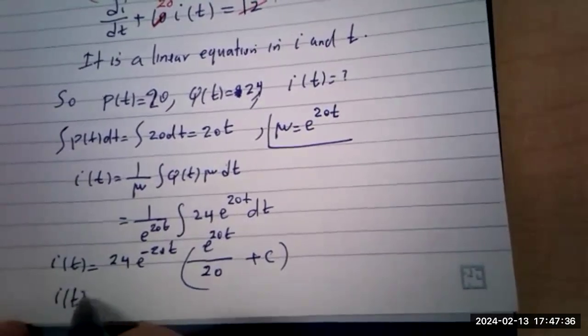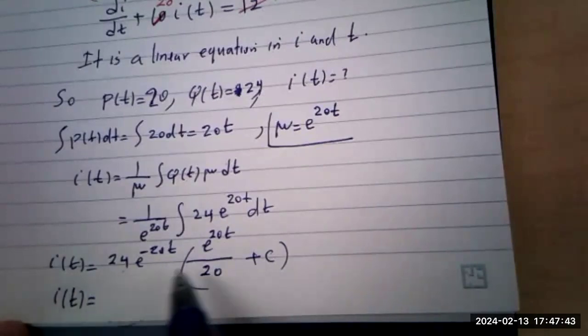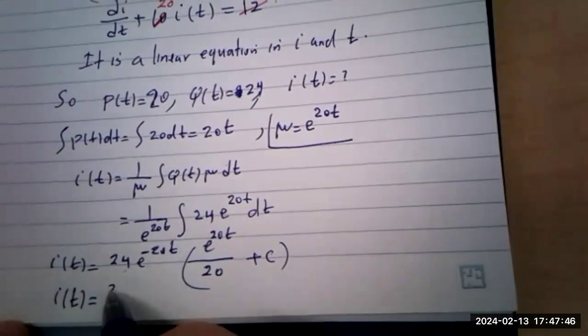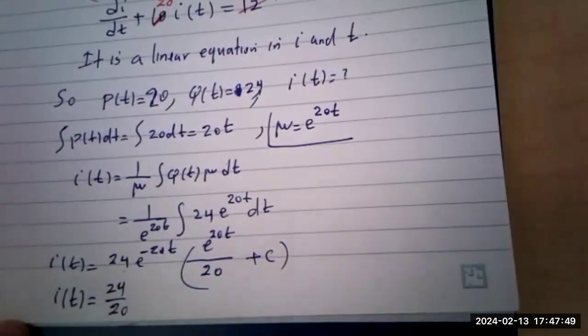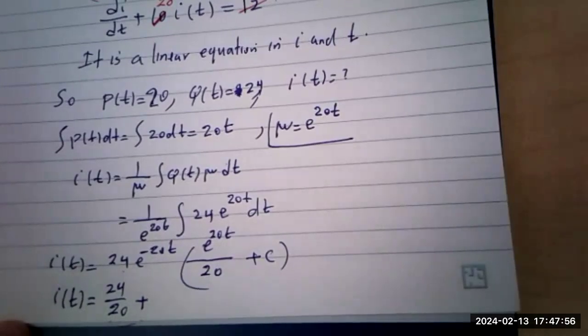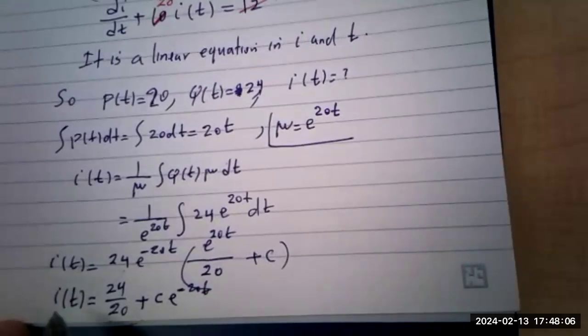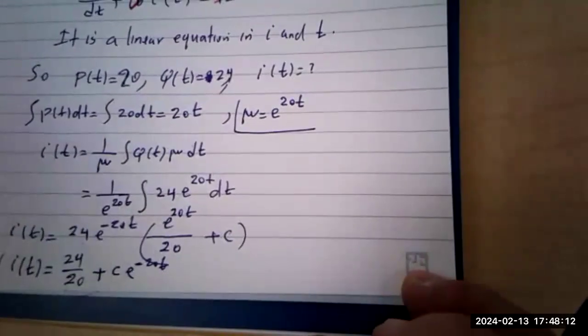So that gives you I of t equal to, multiply this inside, 24 over 20, plus the leftover, you can call it c altogether. Multiply this together, so that gives you plus c e to the negative 20t. That is the type of solution that we have.